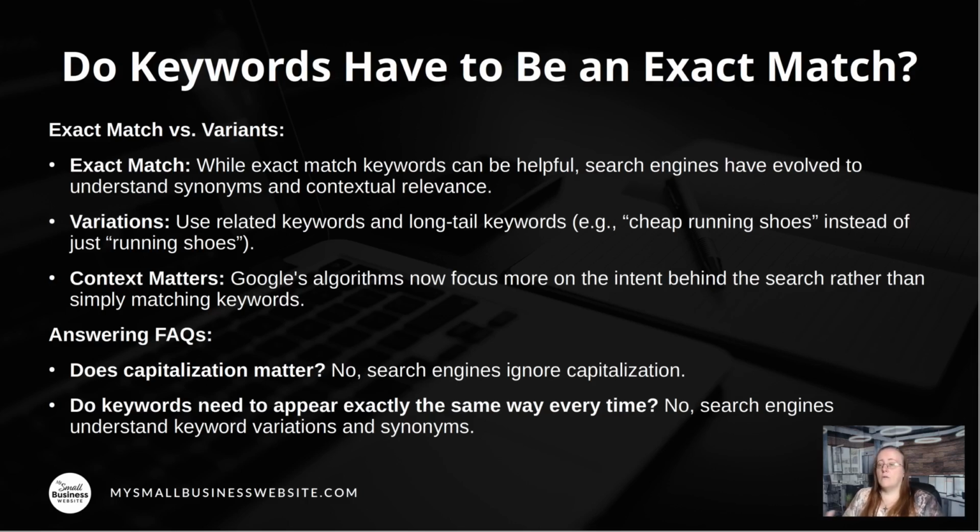Now, Google's algorithm is focusing more on the intent behind the search rather than simply looking for keyword matches. So it's going to be looking at, oh, this person's looking for this, and try to present results that understand what they're trying to find, not necessarily what matches the keywords.